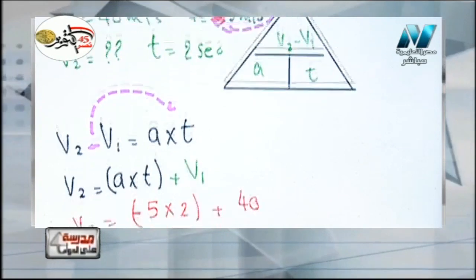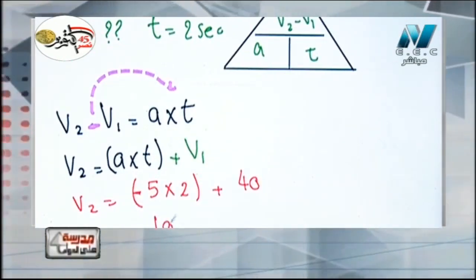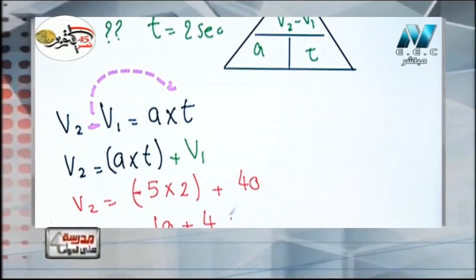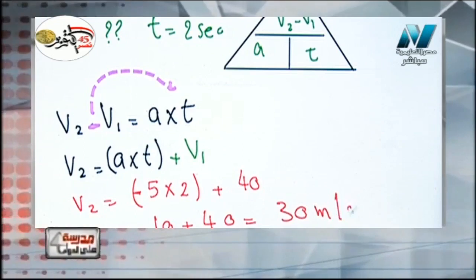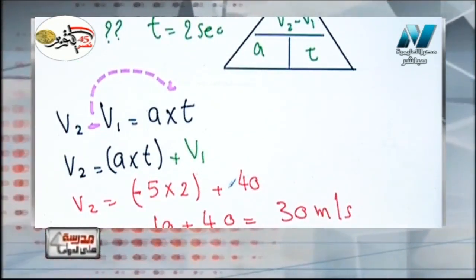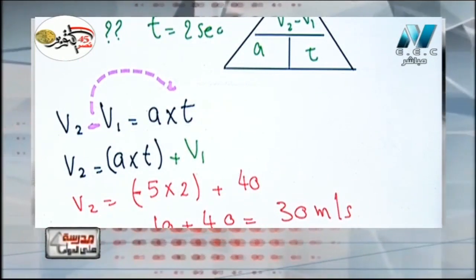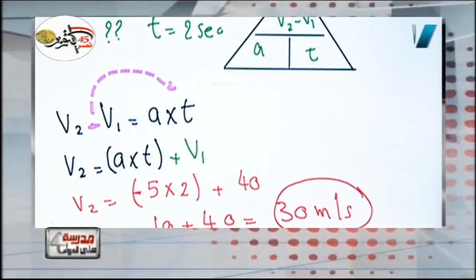So here we have V2 equal negative 10 plus 40 equal how many? Equal 30 meter per second. Remember, here V2 should be less than V1. V2 equal 30 meter per second to check your answer عشان أتأكد إن إجابتي صح.